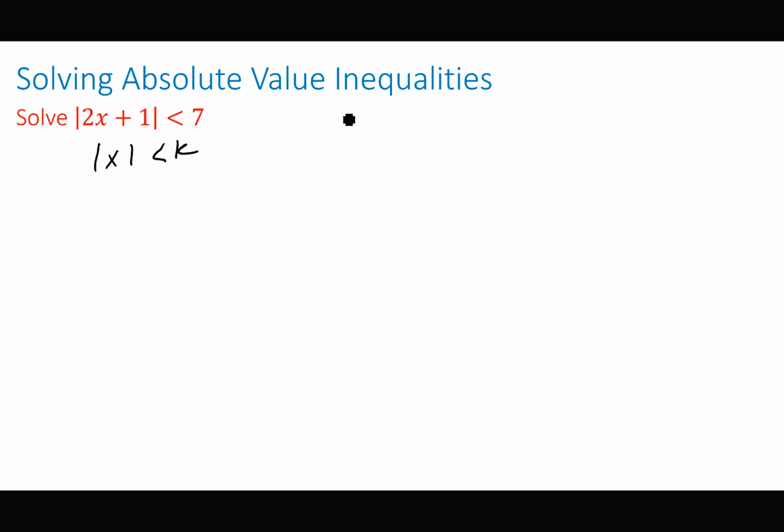All right, for this one, my x that we were working with is 2x plus 1. My k is 7. So that compound inequality we did a second ago said negative k has to be less than x, has to be less than a positive k.